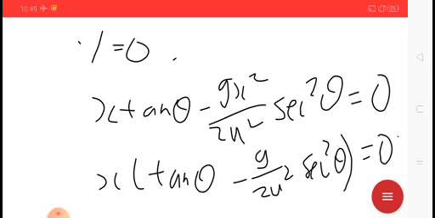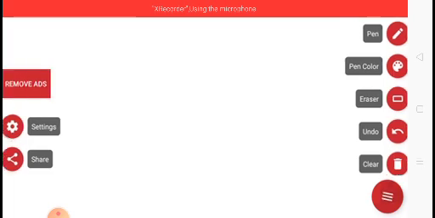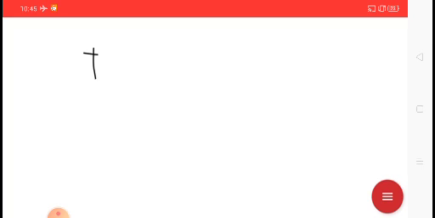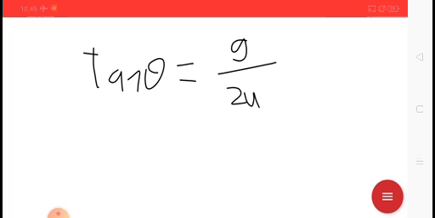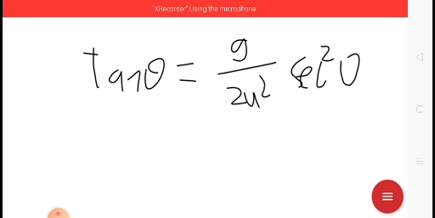So when y equals 0, it means either it is at the starting point or at the end point. So you can extract this part out. So you have tangent theta is equal to g over 2u square secant square theta, times x.